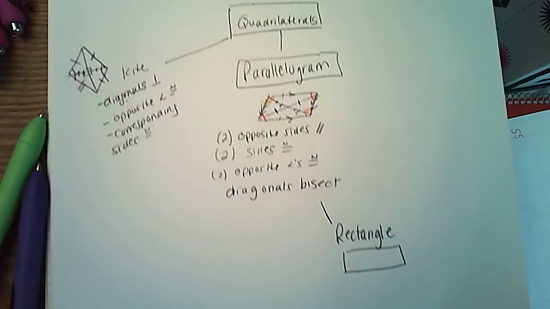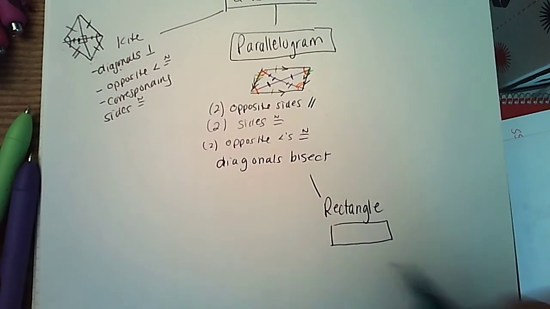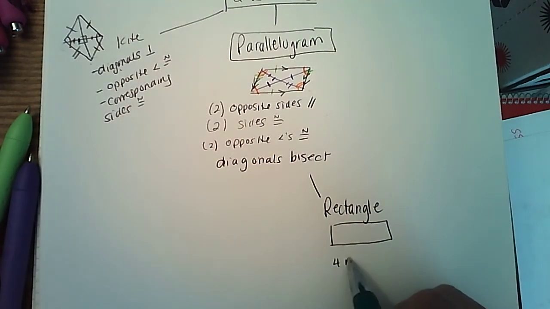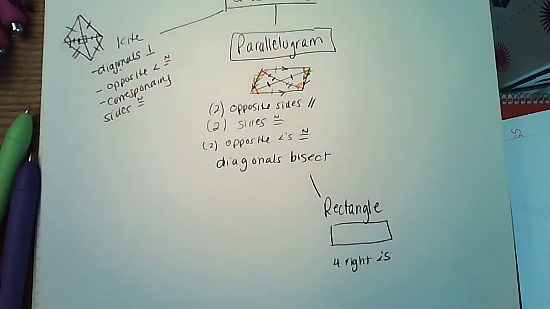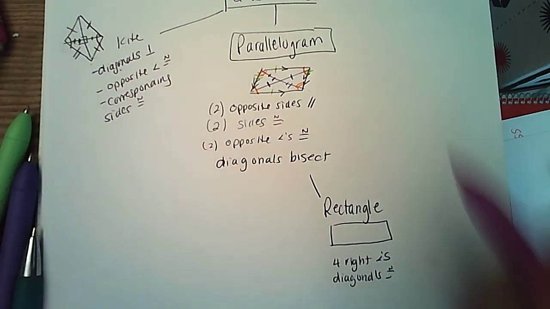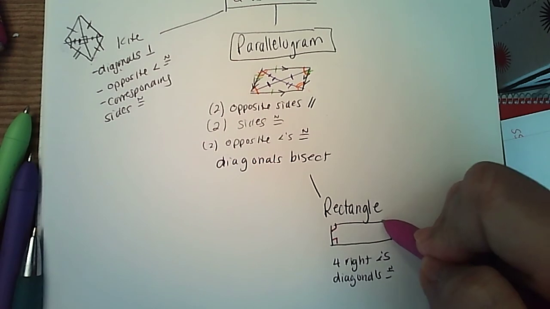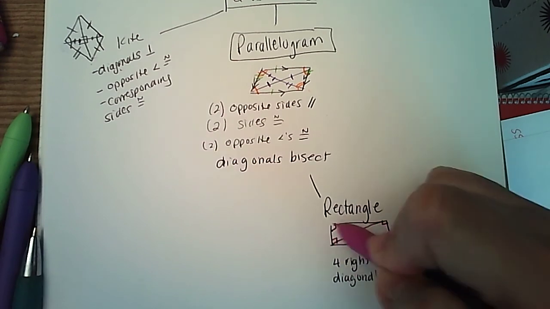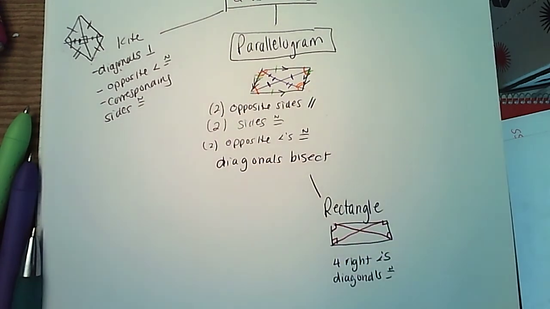With the property he adds on, he now has 4 right angles. And now because he's sitting straight up, the diagonals bisect, but the diagonals are also congruent. So he's going to have these 4 right angles in here. And now the whole diagonal is congruent to the whole diagonal.